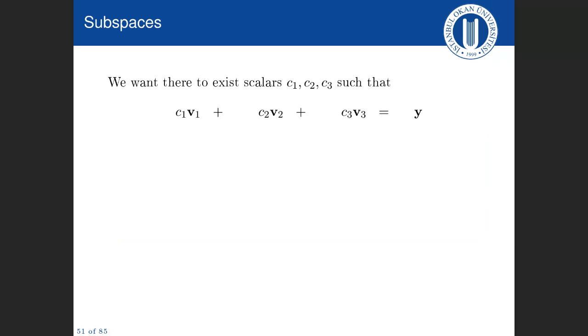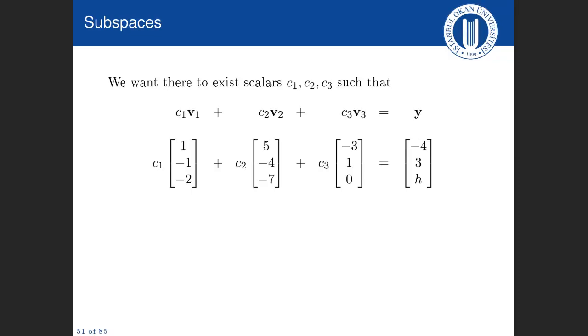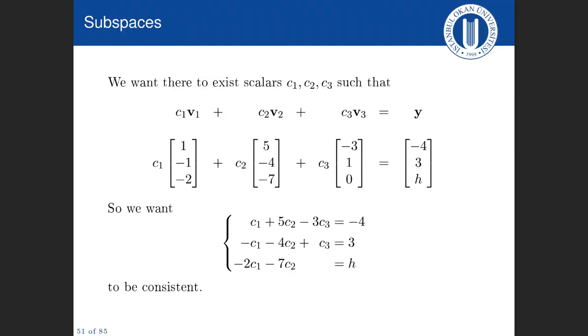So for y to be in the span of these vectors, we want there to exist numbers c1, c2, and c3 such that this equation is true. Another way of saying that is we want this linear system to be consistent. y is in the span of v1, v2, v3 if and only if this linear system is consistent.